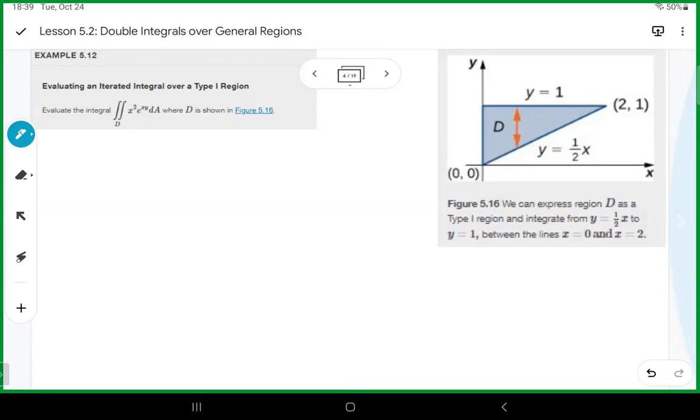All right, so D, in this case, we're going to have xy, where x is 0 to 2, and then y is 1/2 x to 1.